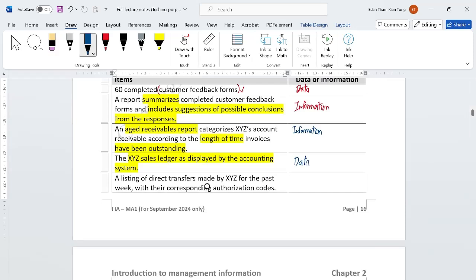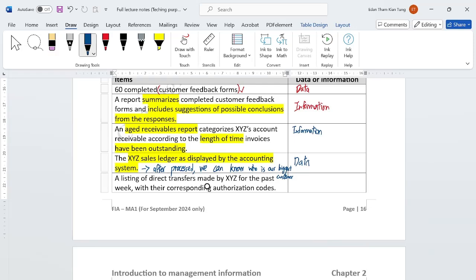But after we process it, we can know who is our biggest customer. Usually our sales ledger account contains all the sales transactions that we have conducted throughout the period.